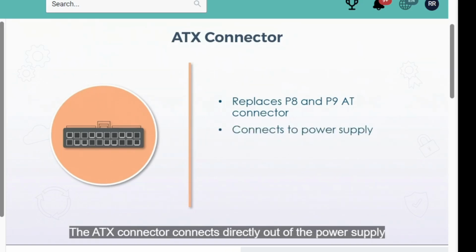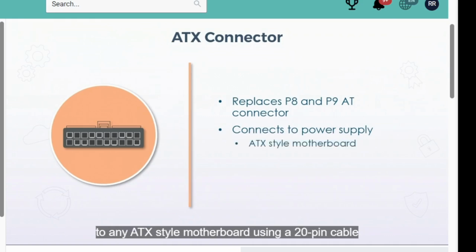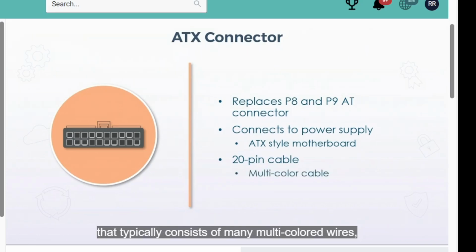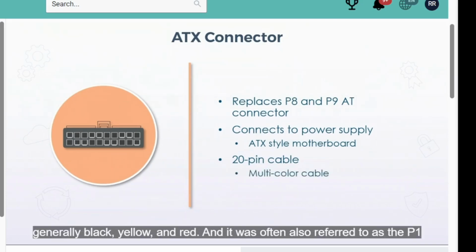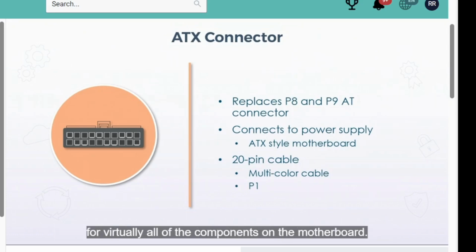The ATX connector connects directly out of the power supply to any ATX style motherboard using a 20-pin cable that typically consists of many multicolored wires, generally black, yellow, and red, and it was often also referred to as the P1 connector because quite simply it was the main power connector for virtually all of the components on the motherboard.